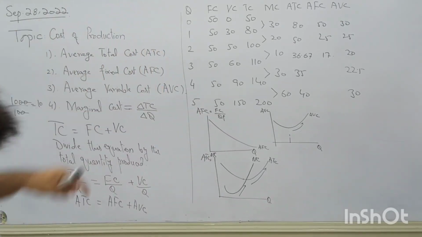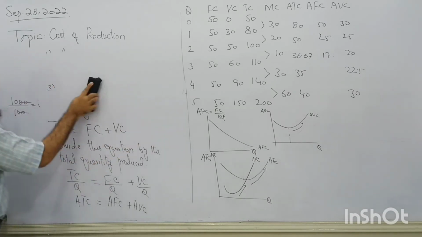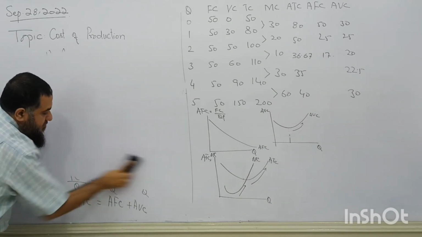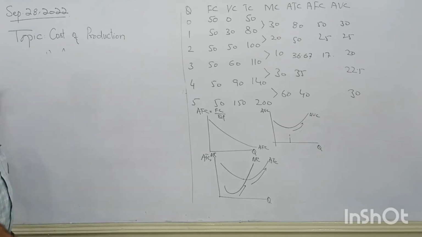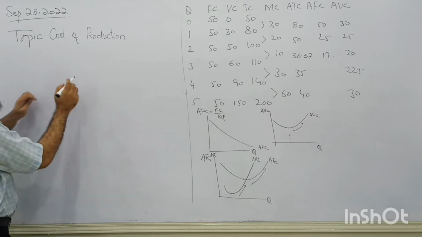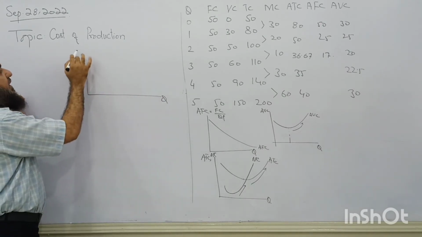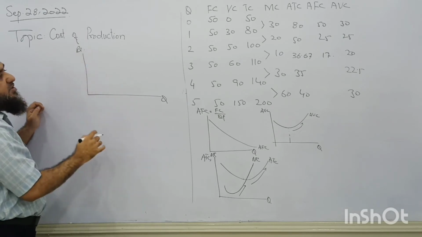Now I am raising this part. I want to make a few things clear about it. Here I am going to draw all the costs in one diagram. Here I am taking rupees.